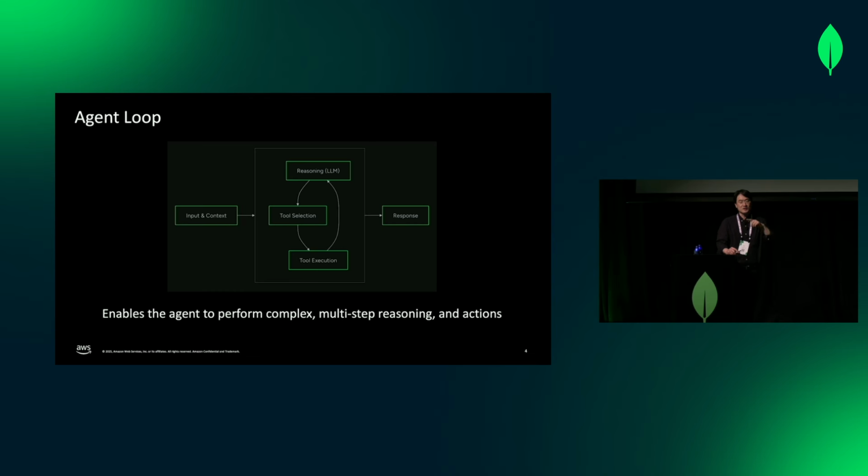You go through this loop until you accomplish the task, right? So it's going to go through multi-step reasoning, multi-step tool execution, and action taking. That way, at the end of it, you get the outcome of the model execution, right?